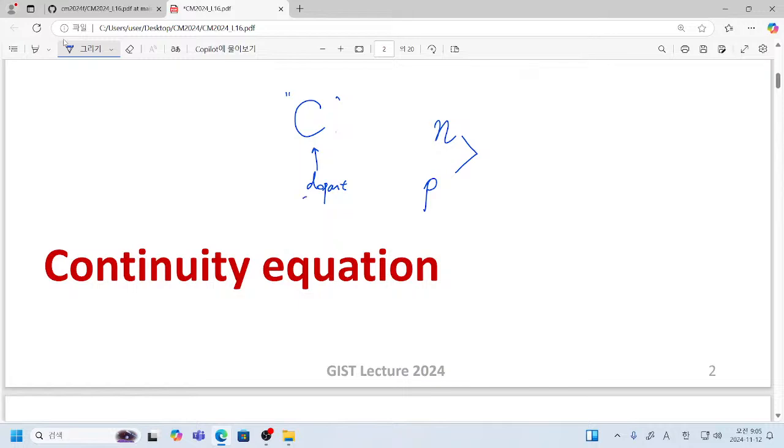Please note that a dopant is an atomic core, so it is more than 1,000 or 10,000 times heavier than electrons and holes, so its movement is quite slow and can be observed only at elevated temperatures. However, electrons and holes are quite light in terms of mass, and even at room temperature they can move quite fast.